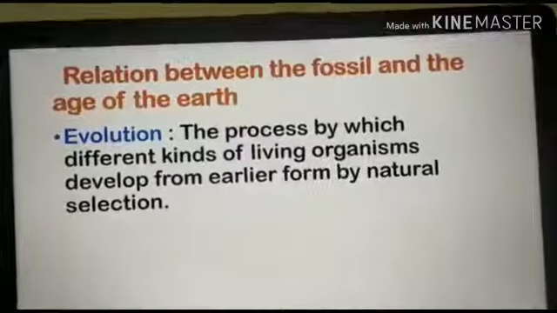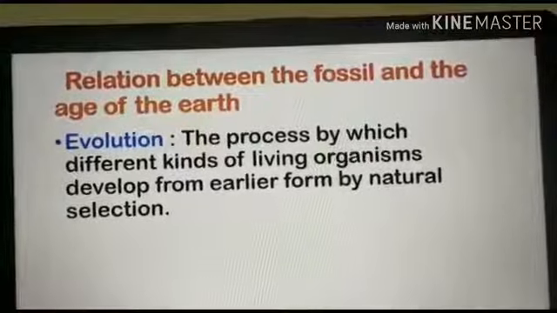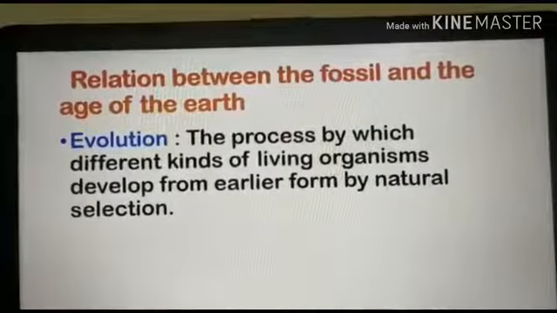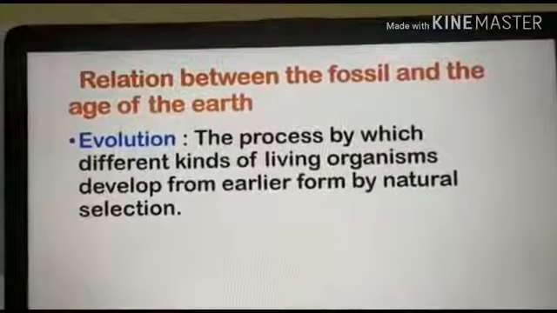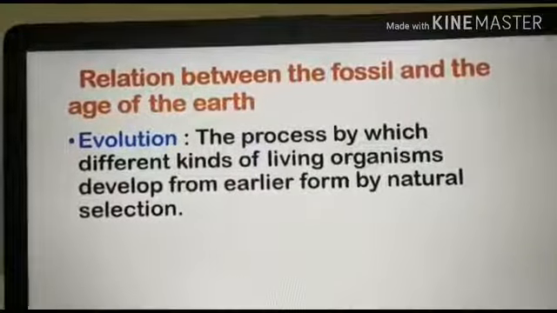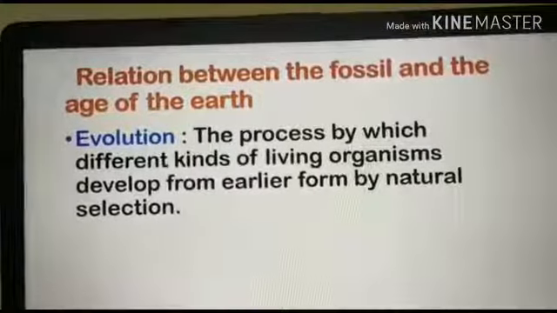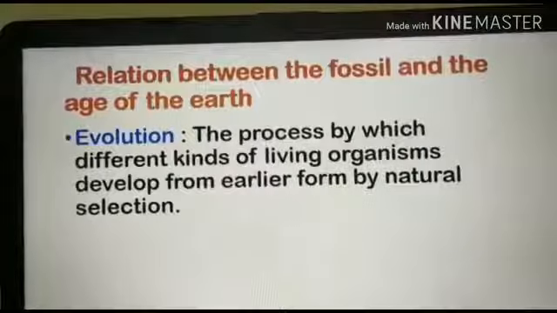So from this fossil record, what can we understand? We can understand that the organism is changing. From an earlier form it will be different, and nowadays they look different. But some organisms also disappeared from this earth. Before they were present, but now they are not.